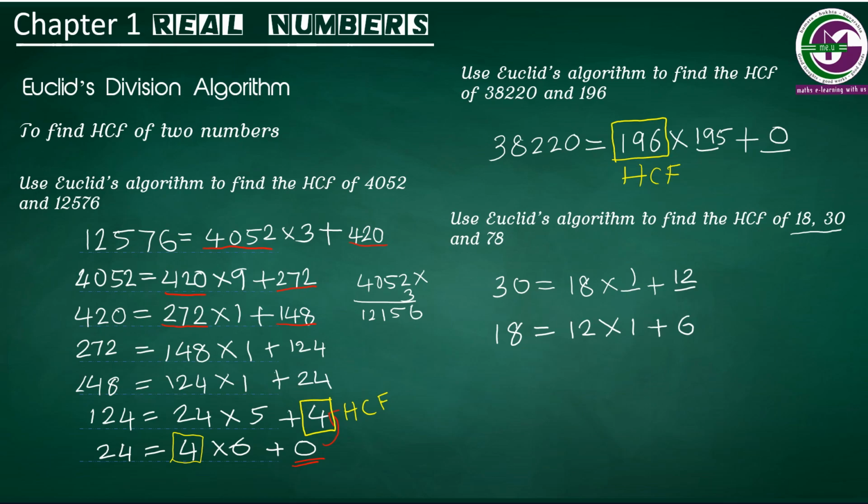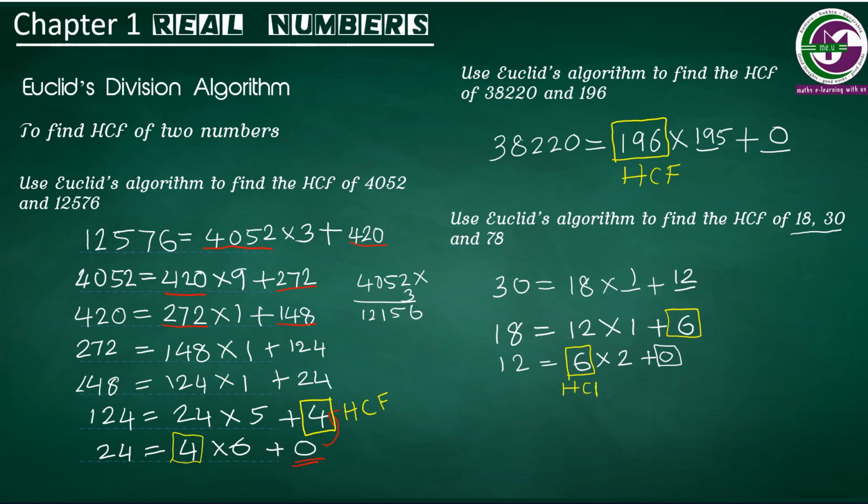We'll take the previous divisor as the new dividend, that is 12. 12 equals the previous remainder as the new divisor, that is 6 times 2 plus 0. So here we can see the remainder is 0. When the remainder is 0, the divisor of that line, or the previous remainder, both are same, is the HCF of two numbers.